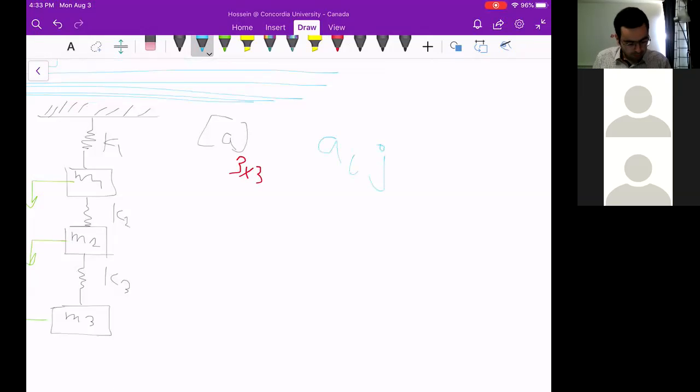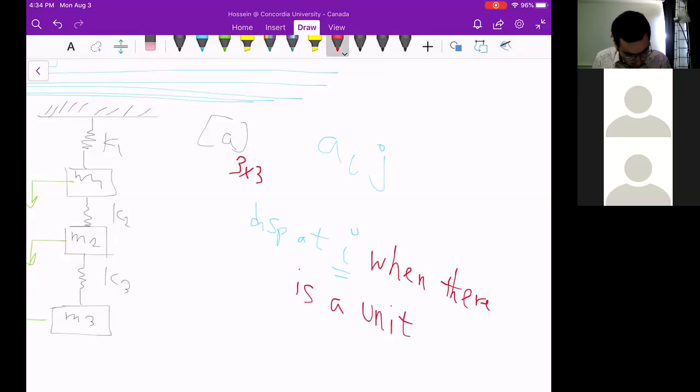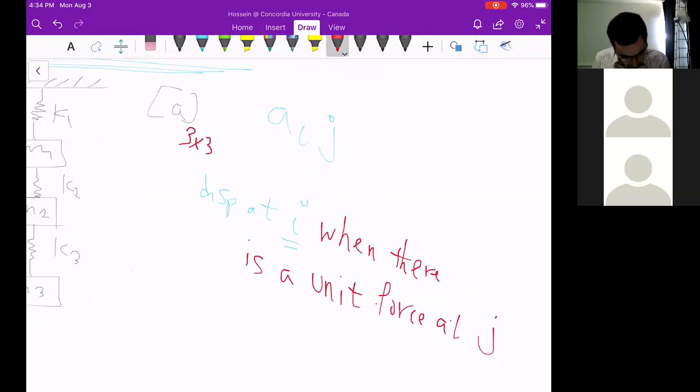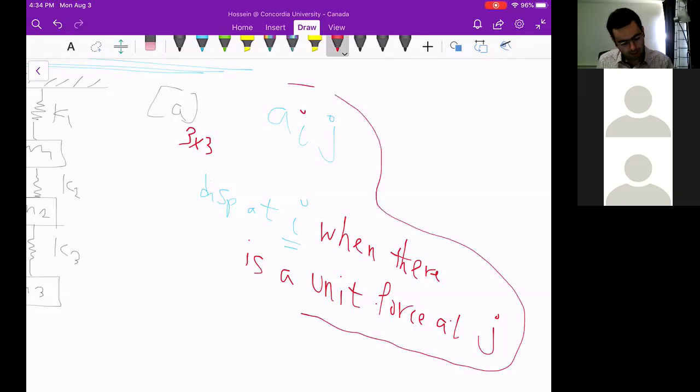Aij means deformation, displacement at I when there is a unit force at J. So this Aij is translated as displacement at I when there is a unit force at J.